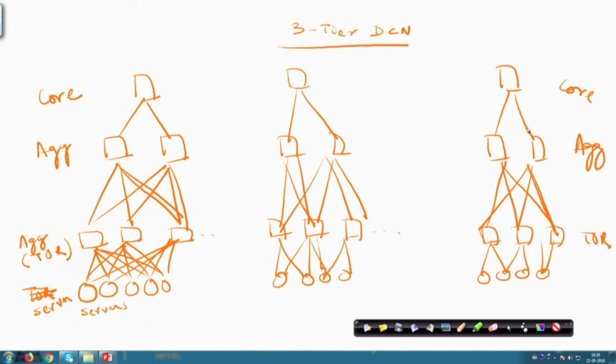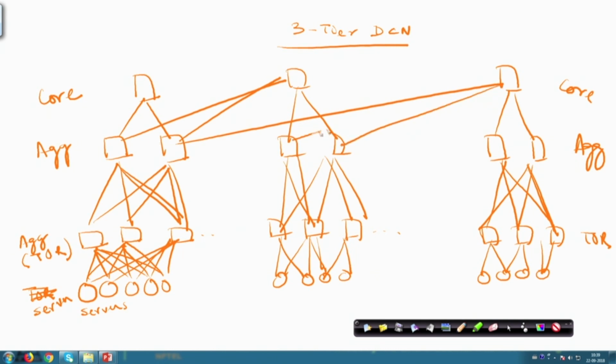Okay. The beauty of a 3-tier DCN would be to have connections of this sort. You could also have something like this, and so on. So, this would be possible.